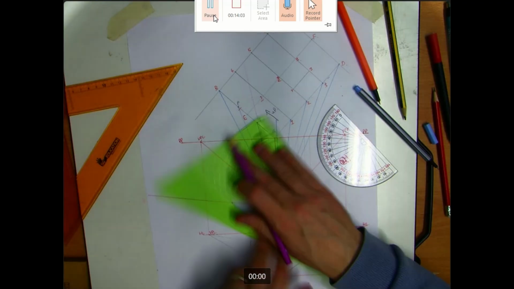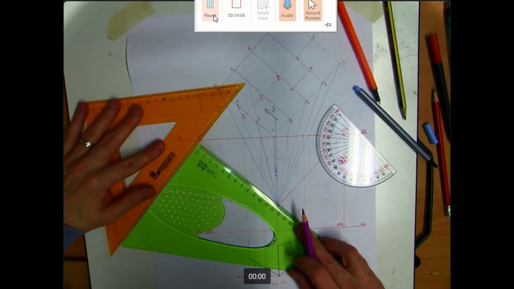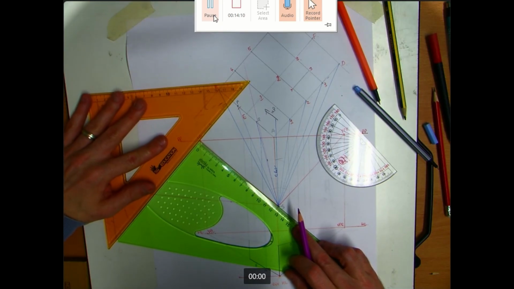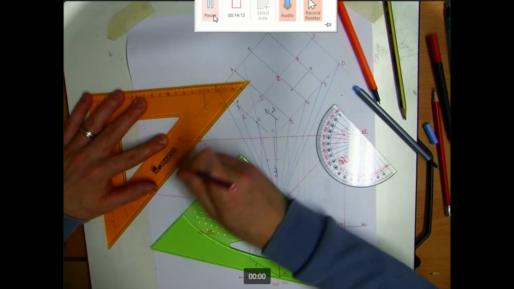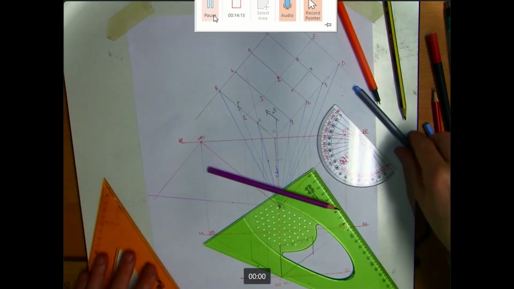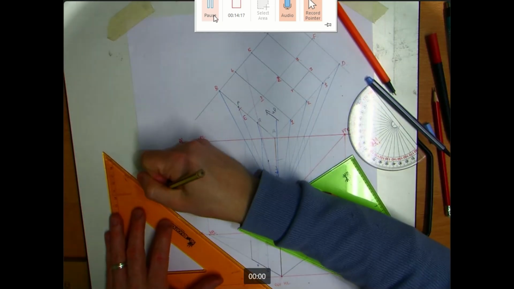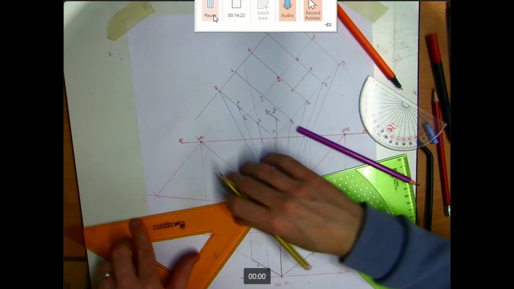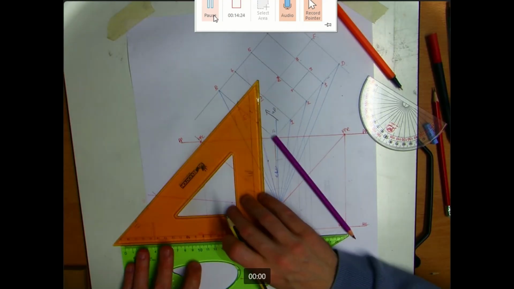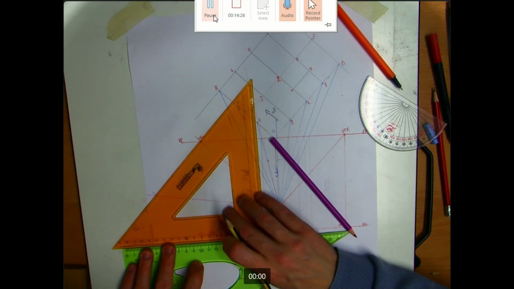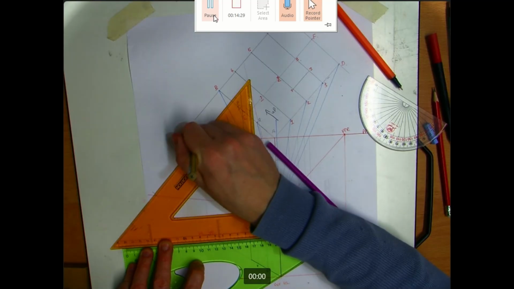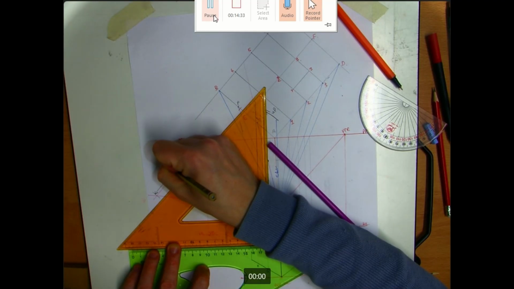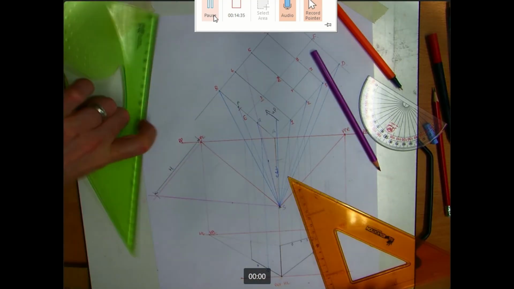And then from our VPL, as long as we go 90 degrees to the vanishing point line, where that cuts, that height is what we're going to use.